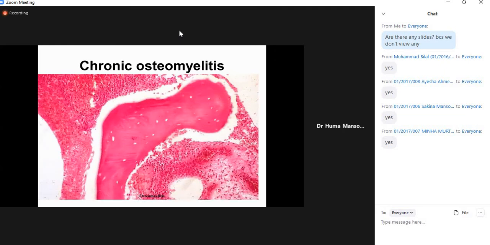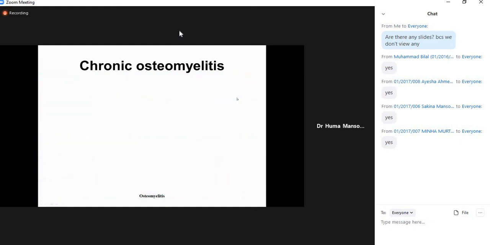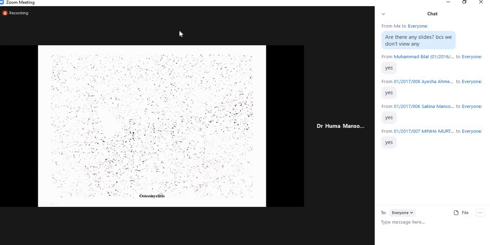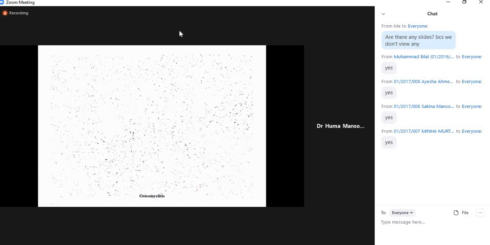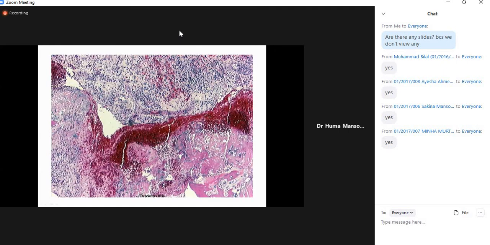So this is all the necrotic tissue, and all the inflammatory cells, neutrophils. This pink thing is all necrosis, necrotic tissue, and these are inflammatory cells, lymphocytes and neutrophils.